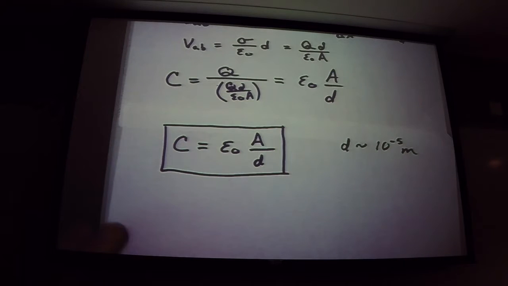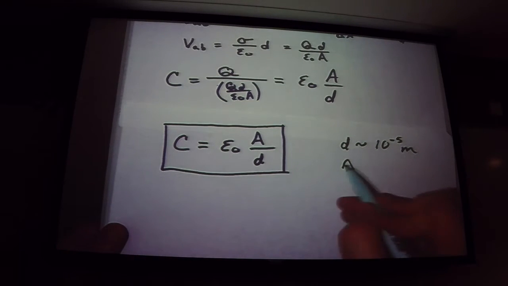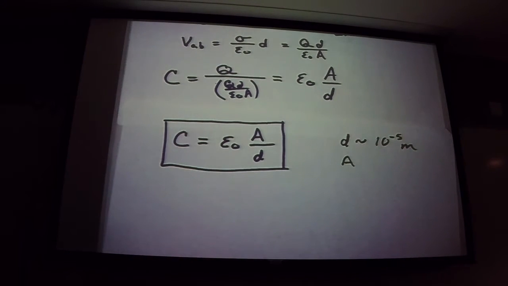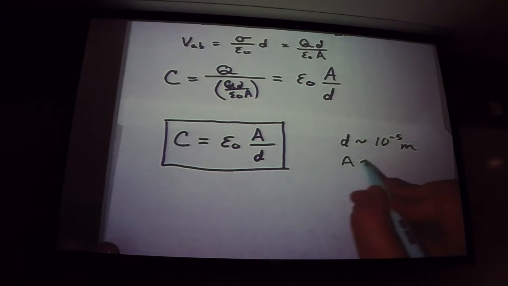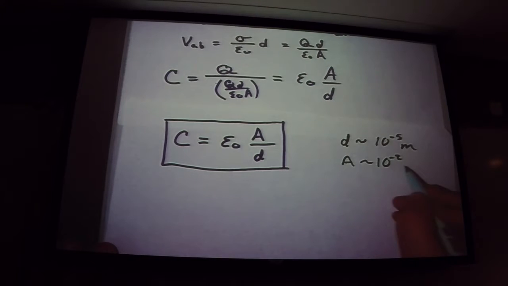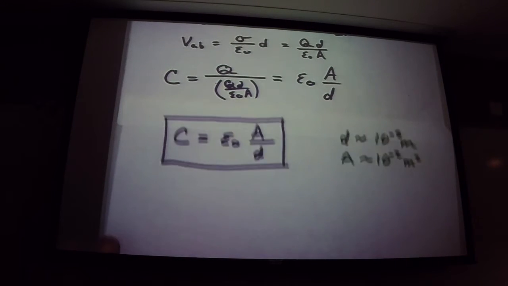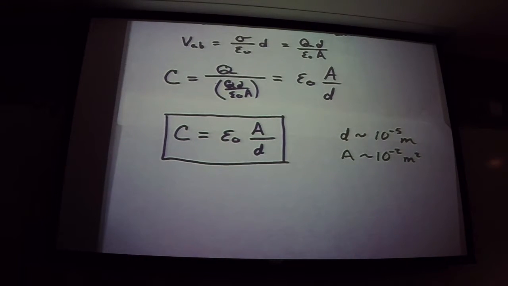The area of your plates, for anything reasonably sized, is probably on the order of 10 to the negative 2 meters squared. Actually, probably less than that, on the order of 10 to the negative 3. I'm being nice here. A square meter is a huge thing. Take a 100th of that, you still have a huge thing. So I'm being very generous, just to show you a point.